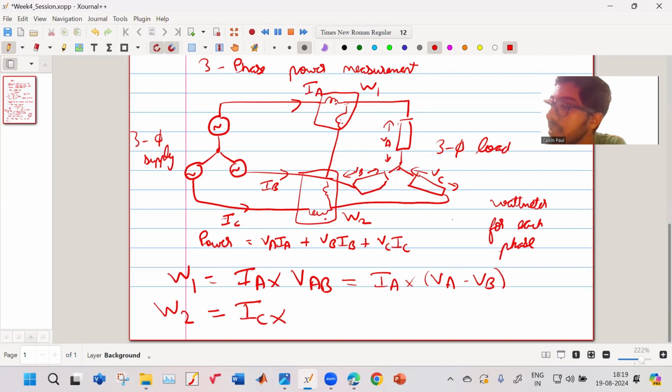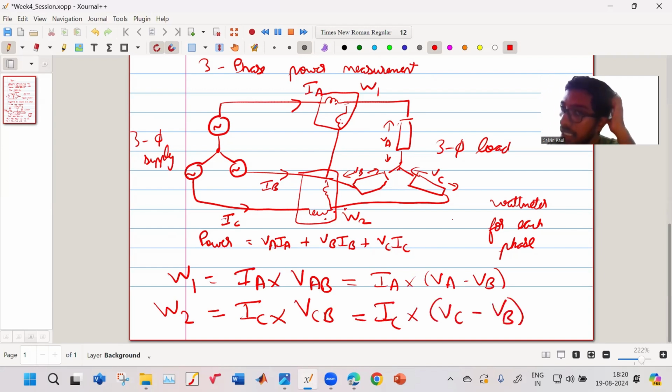And what is your pressure coil measuring? It is measuring VCB. So actually it is measuring IC into VC minus VB. Any doubts in this? Okay, if there are no doubts.